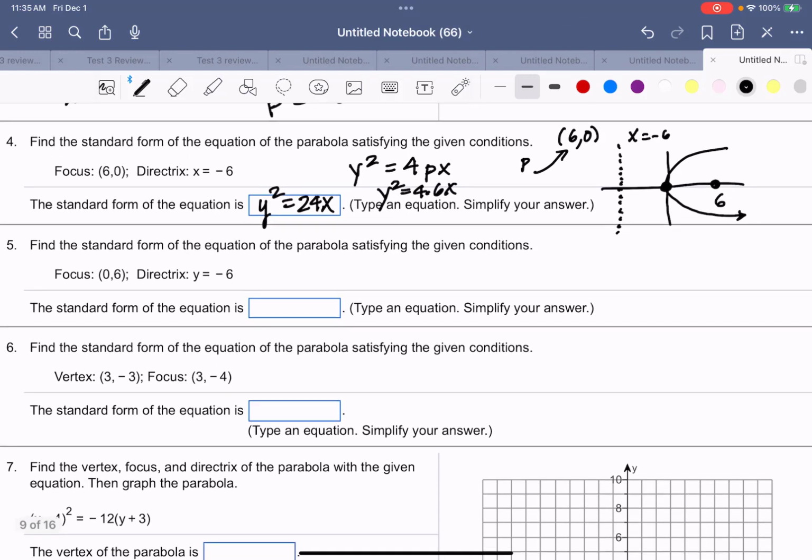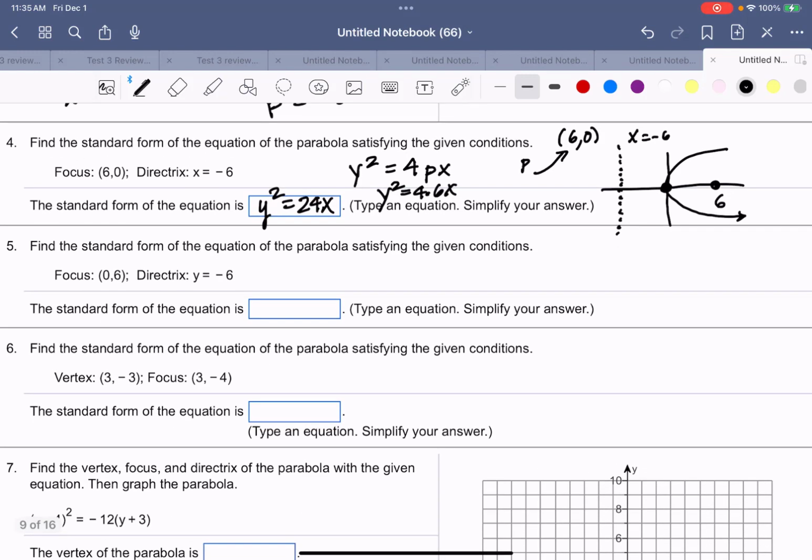Now we have a similar question, only this time, look, our focus is at 0, 6. Our directrix is at y equals negative 6. Our vertex is at 0, 0 still. We're going to wrap around this like that. So that's going to be x squared equals 4py.